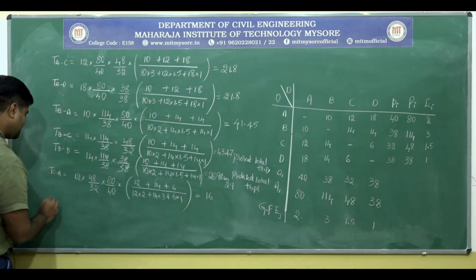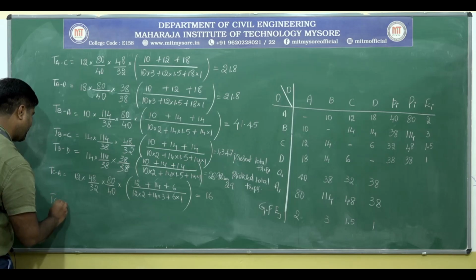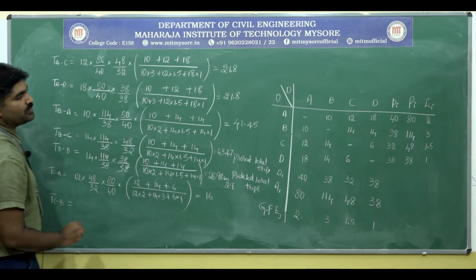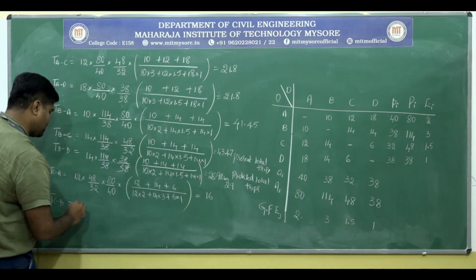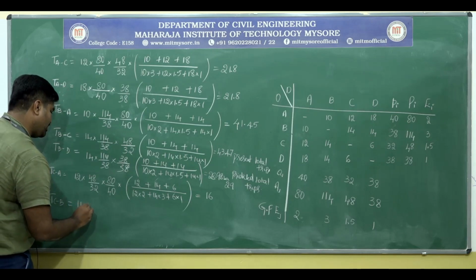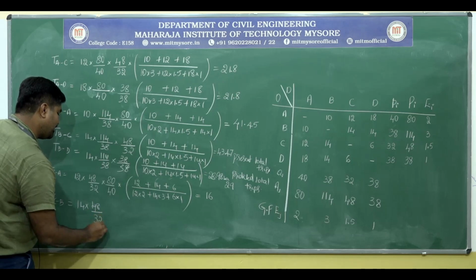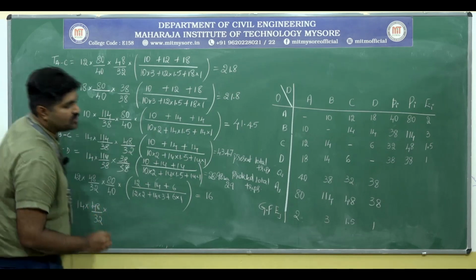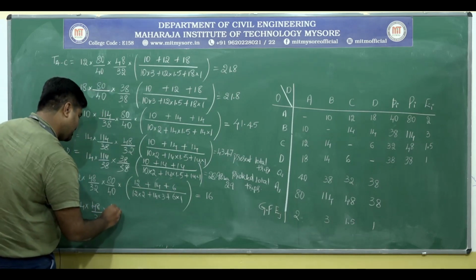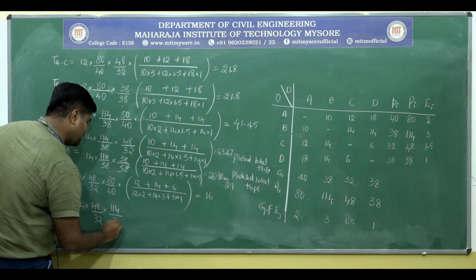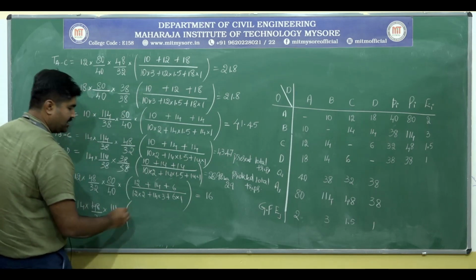Next, trips between C to B. We have 14 number of trips. 14 into 48 divided by 32 into 114 divided by 38.